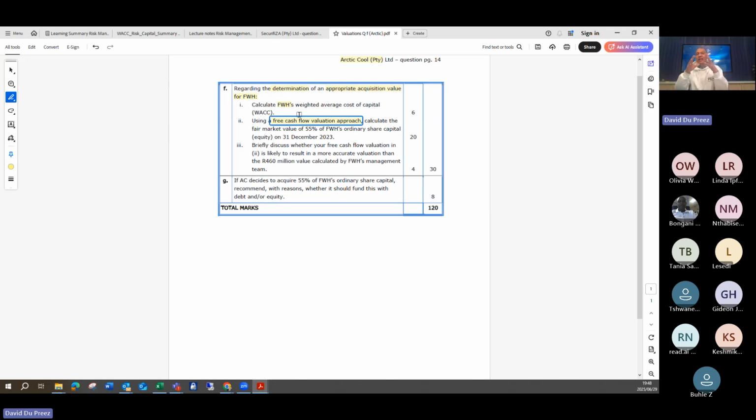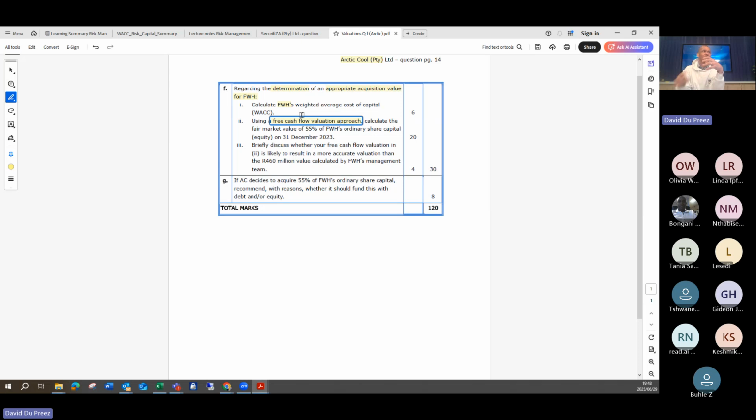But in essence, it's not different to a net present value calculation. You're going to have the description, year 0, then year 1, 2, 3, 4, whatever it might be. You're going to have your cash flows to calculate the present value, and that's really what you use to create a value for your entity.